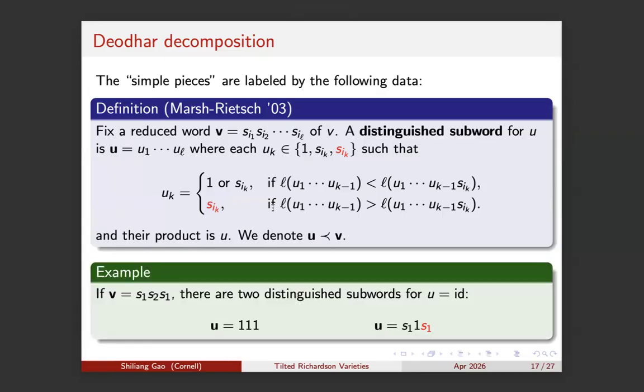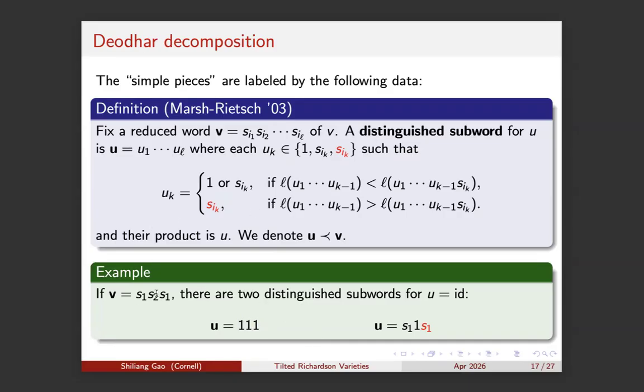So as an example, if we set v to be the permutation 3 2 1, and we take the reduced word s1, s2, s1, there will be two distinguished subwords for u being the identity. I can simply not choose any of the simple reflections, so u could be 1, 1, 1.